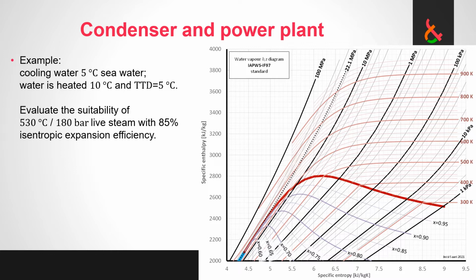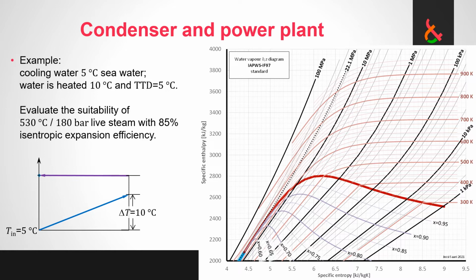So we need to figure out what our exhaust pressure is going to be. That begins by drawing the temperature diagram of the condenser. Remember, it looks something like this. We know the inlet temperature is 5 degrees. The water is heated in the condenser by 10 degrees, and we are told the terminal temperature difference is 5 degrees.